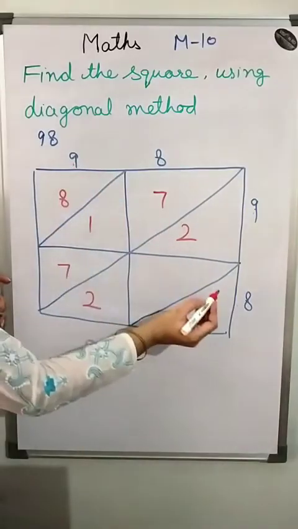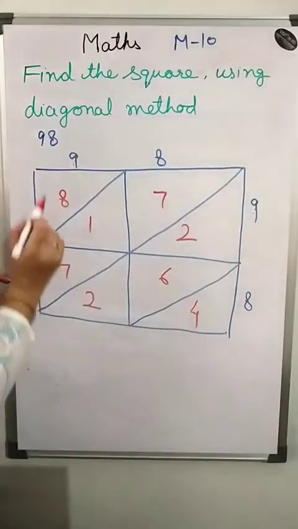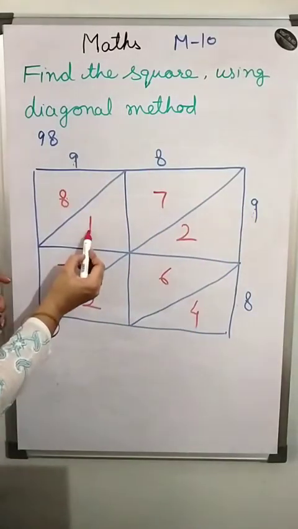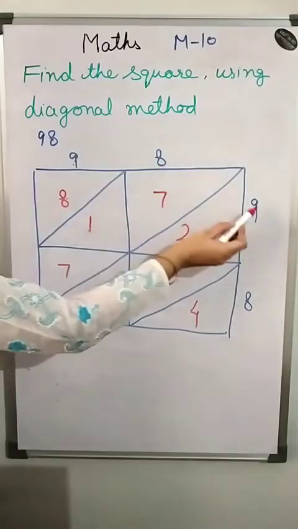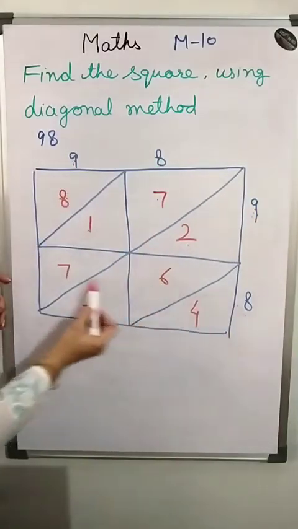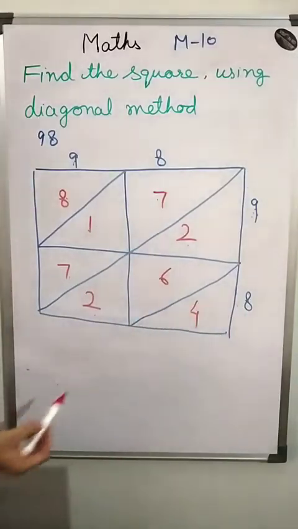Then 8 into 8, 64. I explain. 9 into 9, 81. 8 into 9, 72. 9 into 8, 72. 8 into 8, 64. Here you write.